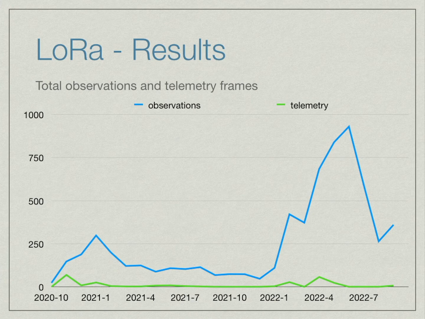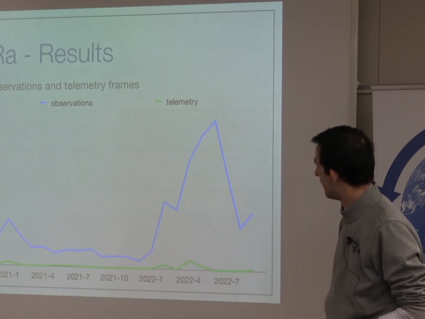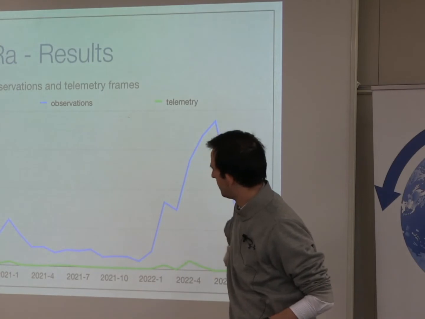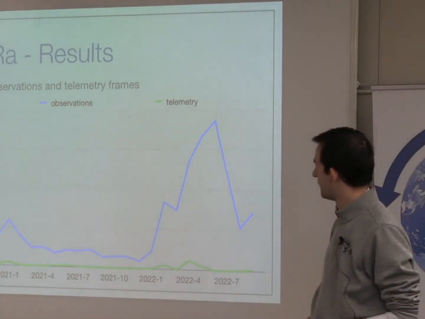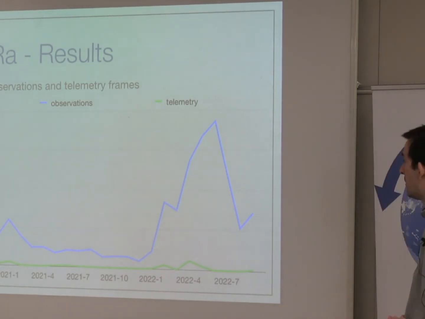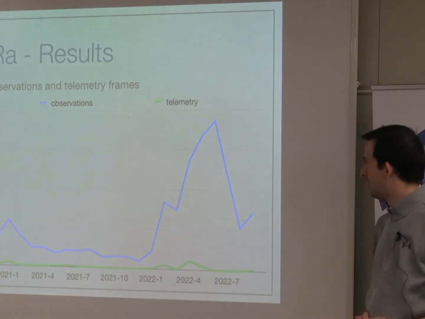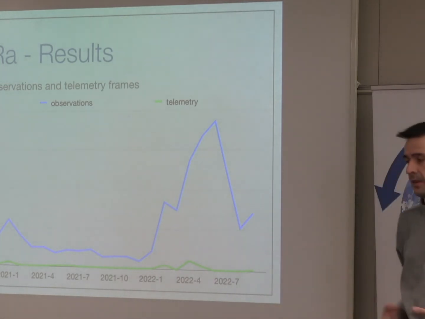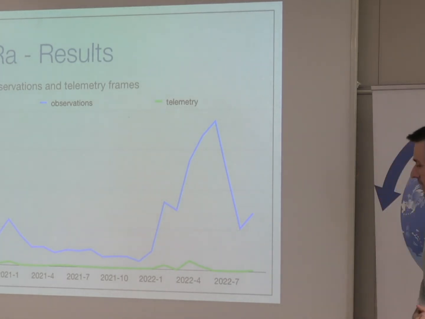There are quite a few, and I added them to the network, and yeah, we had more observations. Unfortunately, there's not much telemetry going on there, and I haven't spent much time analyzing this. Most likely it's something to do with software, but maybe it's just because the satellite's not really transmitting too much telemetry. But still, there are some good promising results here, which worked really well.